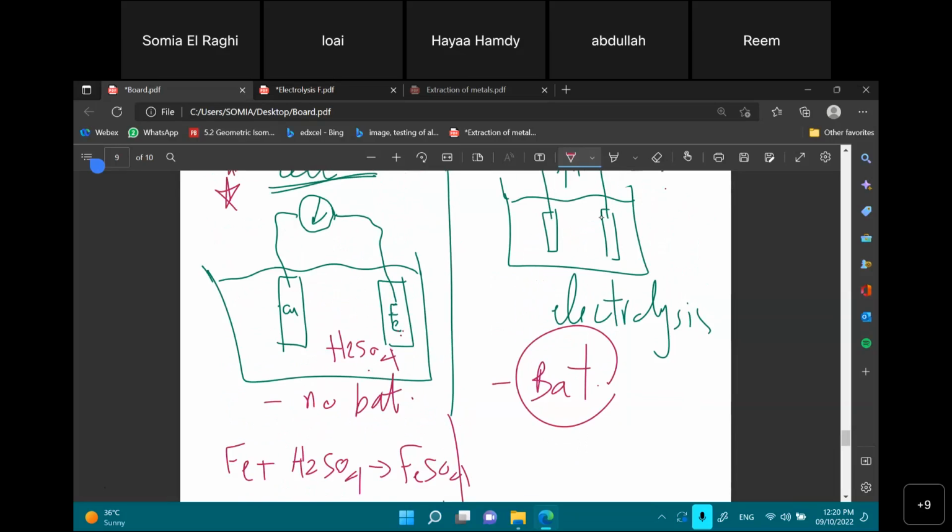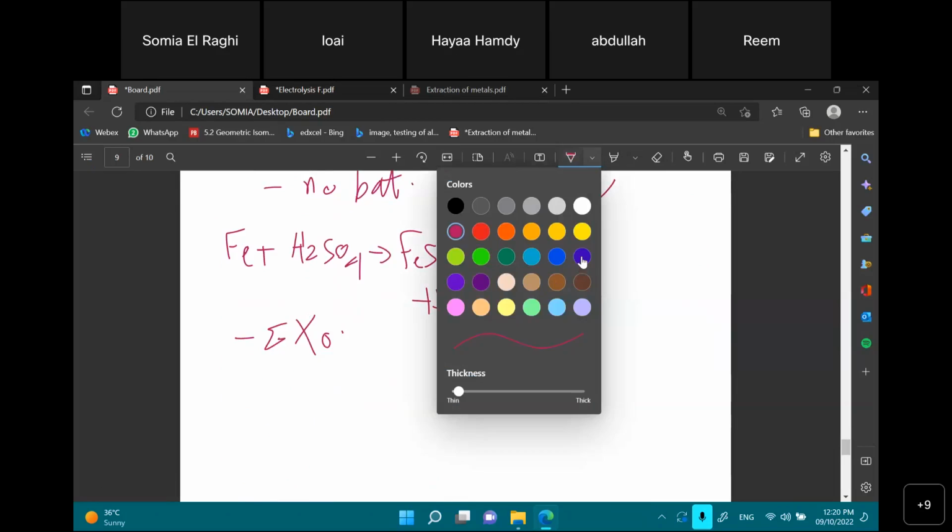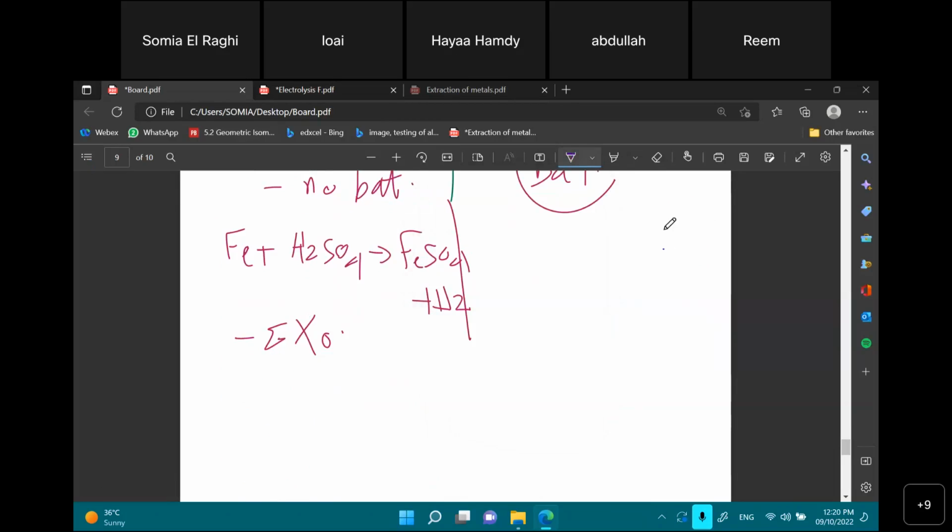Let's understand why this is happening. We have one metal more reactive than the other as electrodes, so the more reactive one will react with the electrolyte. In most cases, they give you the electrolyte as an acid. If you write down the ionic equation for iron reacting with the acid, it forms iron ions by loss of electrons.